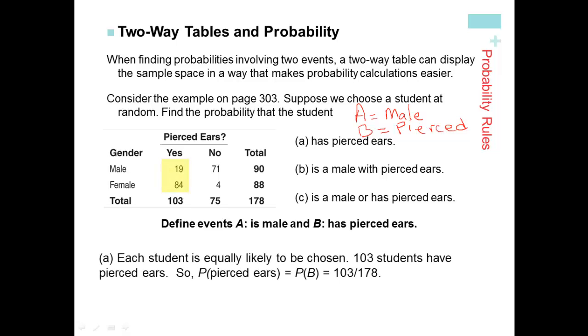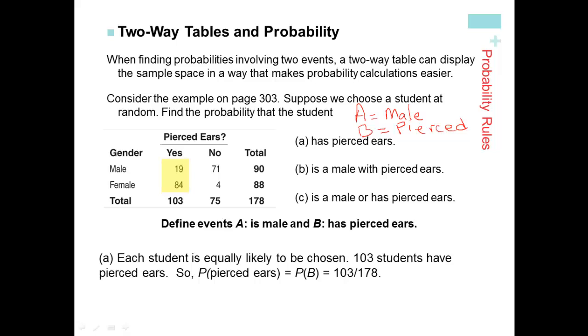When I calculate this from the two-way table, you can see that there are 19 males and 84 females that have their ears pierced. Adding those together, you have 103 total students with their ears pierced, divided by the 178 would give you the probability of B, which is having their ears pierced.